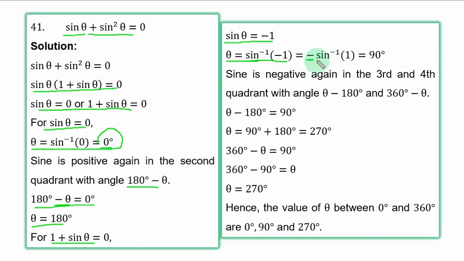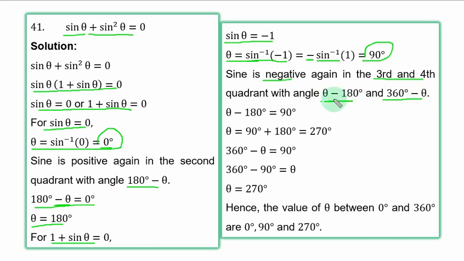And you check the inverse of sine of 1, and that is 90 degrees. Next thing is to check the other quadrants where sine is negative. That is the third and fourth quadrants with this angle for the third quadrant and this for the fourth quadrant.